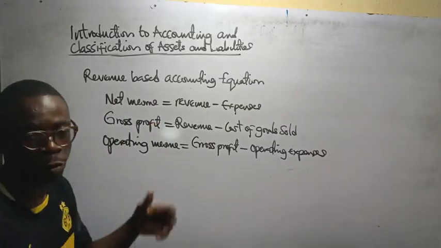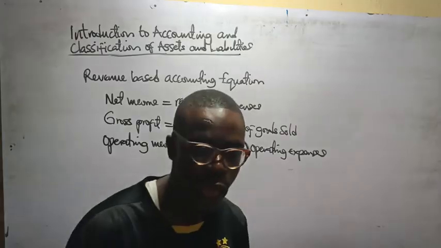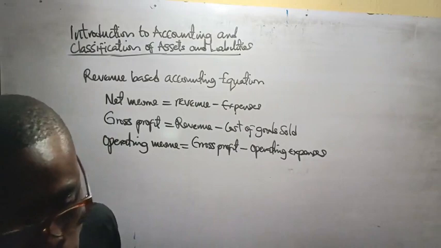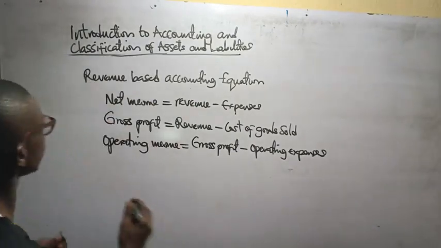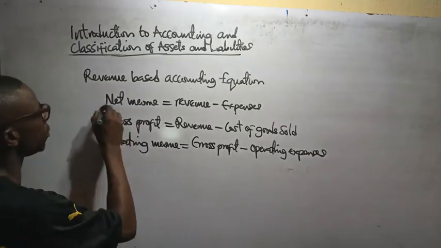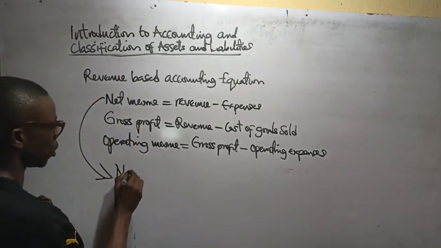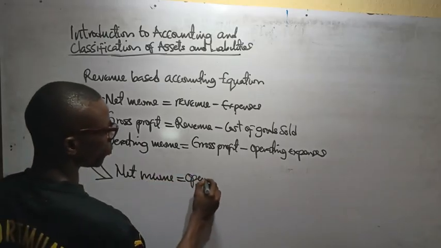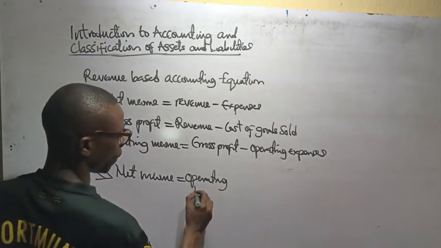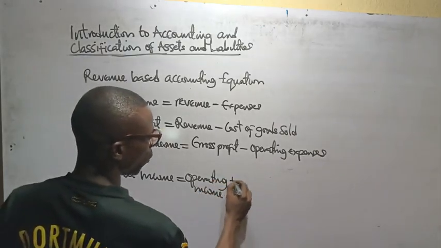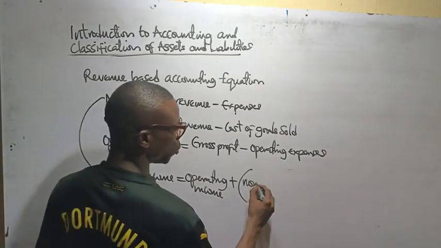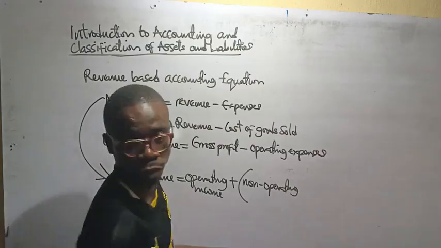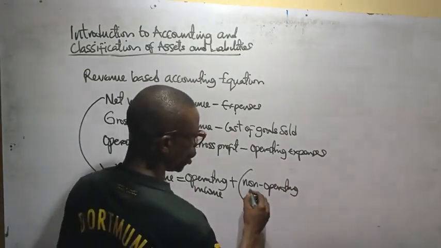That means net income can also be calculated as your operating income. Am I communicating? Operating income. So you can also calculate your net income. Your net income can also be calculated as operating income plus non-operating income.